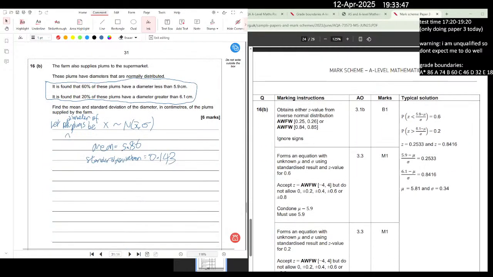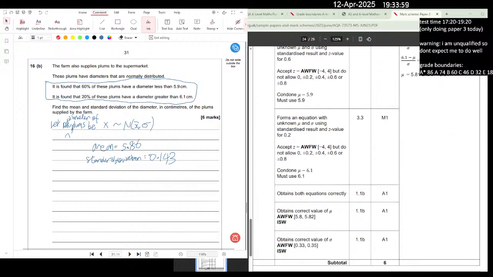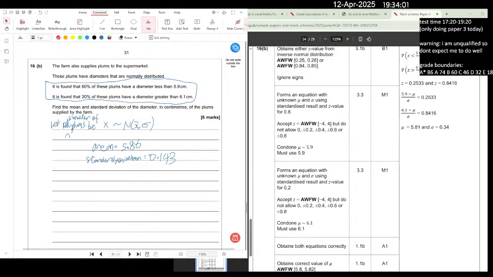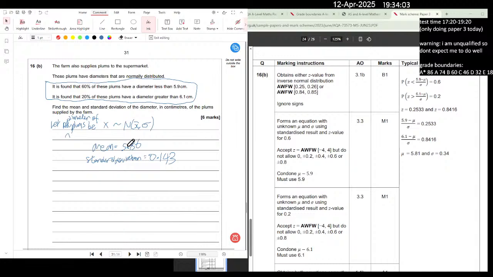Okay. Obtains either z value from inverse normal distribution. Well, already a nightmare. Already 0. Yeah, this is what we had to do. This is not going to get anything.